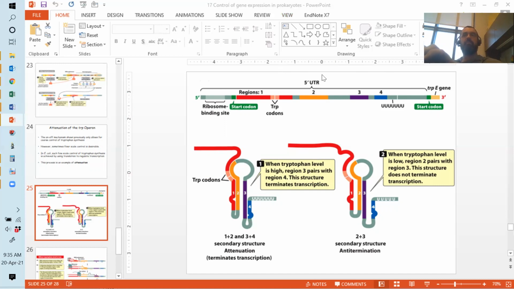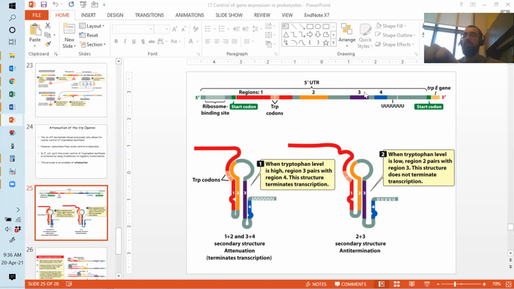But if region 1 is not available when region 3 is transcribed, 2 and 3 combine together, right? And these 2 conformations are mutually exclusive. If 2 is bound with 3, then you do not get 3 and 4 binding.